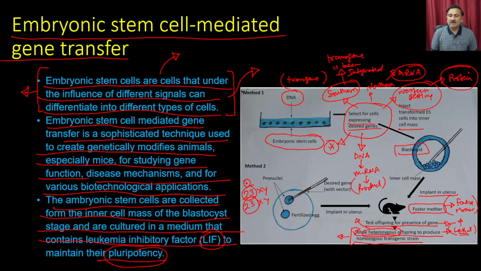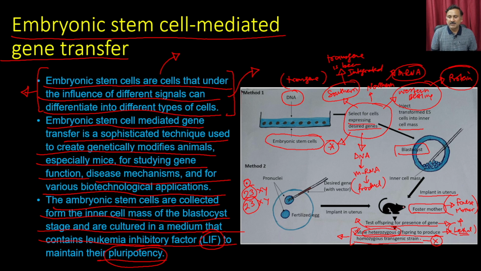And as soon as they produce a homozygous, if this gene product is lethal, it is going to kill the organisms, and that will be a warning sign that I should not go with the ectopic expression of this particular gene in this particular system, because it is ultimately going to give you the death of that organism.